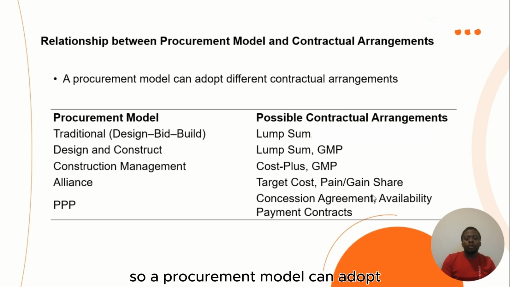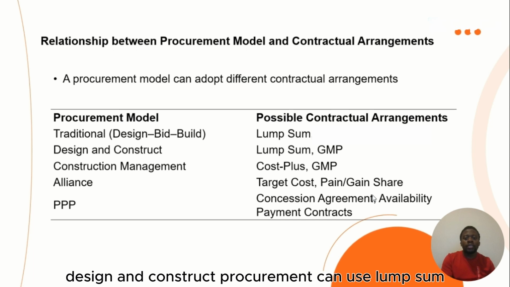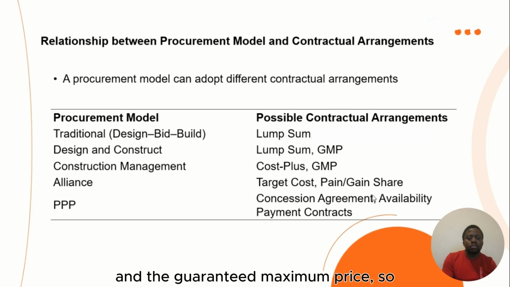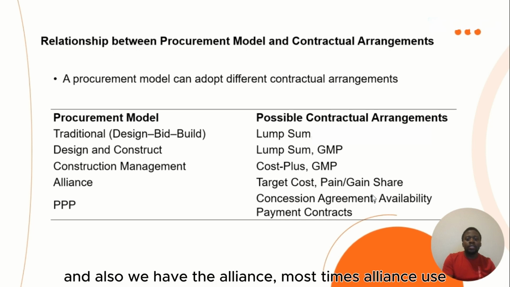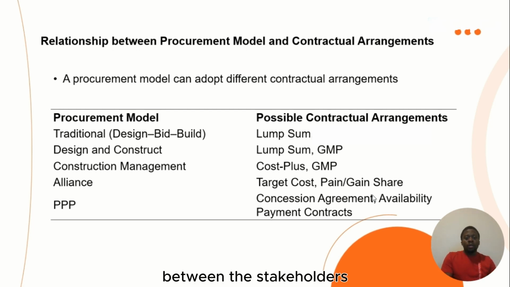So a procurement model can adopt different contractual arrangements. For example, design, bid, and build: you can use the lump sum for that kind of project. Design and construct: procurement can use a lump sum and the guaranteed maximum price. And also we have the alliance. Most times alliance uses the target cost, or the pain or gain share between the stakeholders.